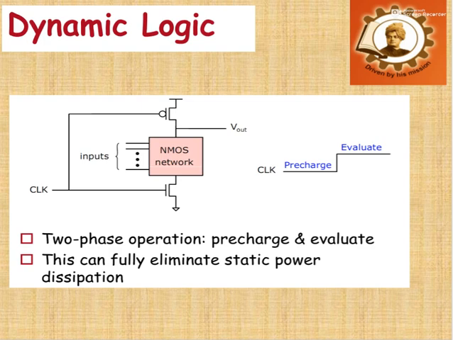So a dynamic logic circuit makes a capacitive node to store electrical charge. In static logic we do not require any clocks, but the clock is required for other internal purposes.